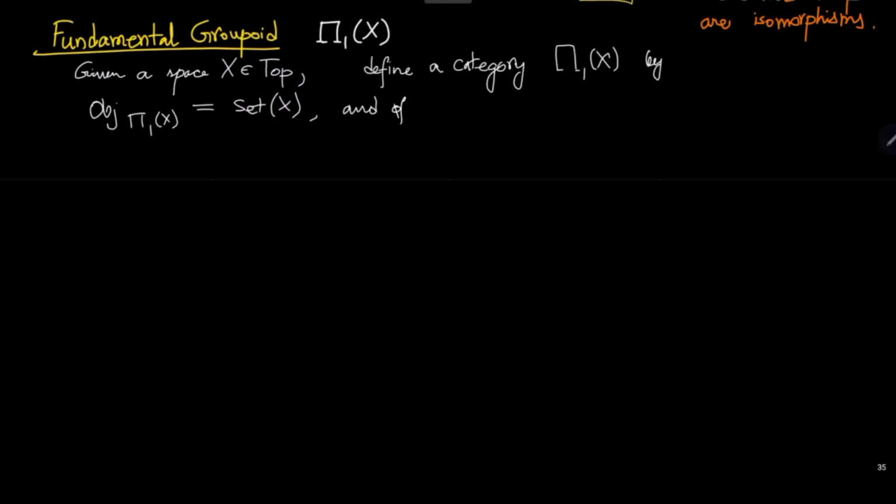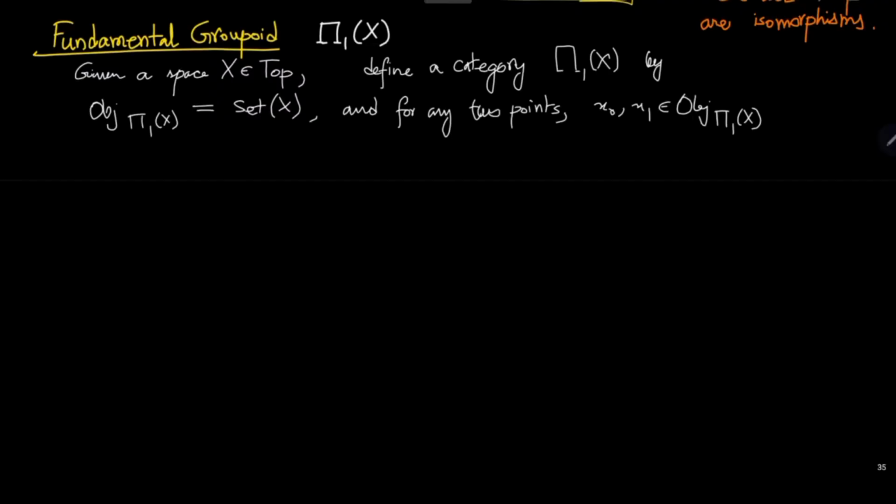and for any two points x0 and x1 in this object set, because this is a set, we define the morphism set to be the hom set.